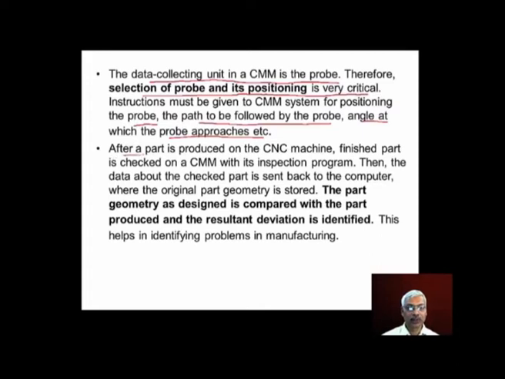And after a part is produced on the CNC machine, the finished part is moved to CMM, and CMM inspects the workpiece using the inspection program. Then the data about the checked part, the inspected part, is sent back to the computer.